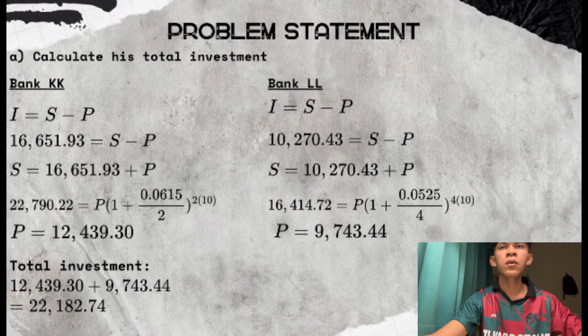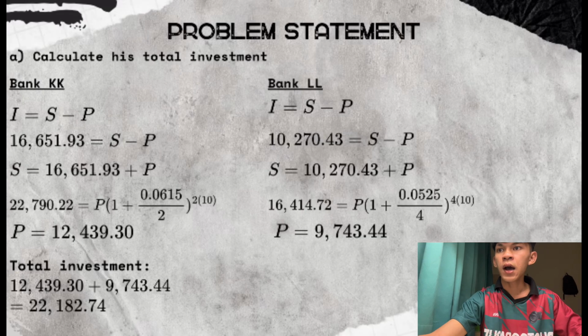This is the question for 1A. Calculate the total investment. For Bank KK, we can use the formula I equals S minus P. For the I, 16,651.93 equals S minus P. Then we can make S the subject, so S equals 16,651.93 plus P. So we get 22,796.22.